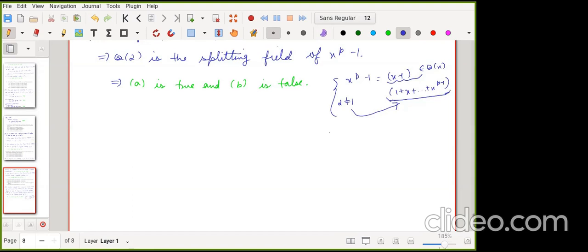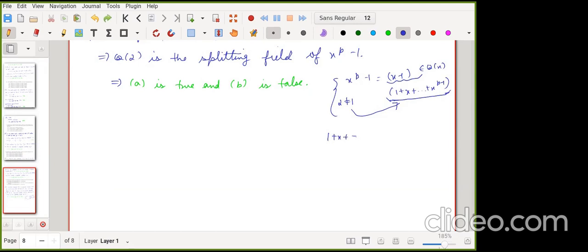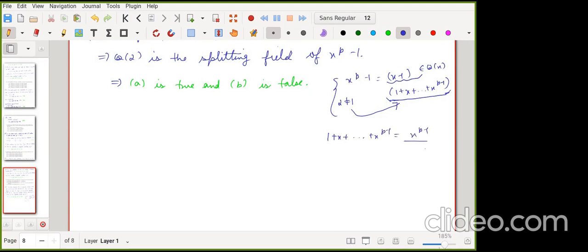So for that, you just take this polynomial as 1 plus x plus ... plus x^(p-1), which is (x^p - 1) divided by (x - 1).